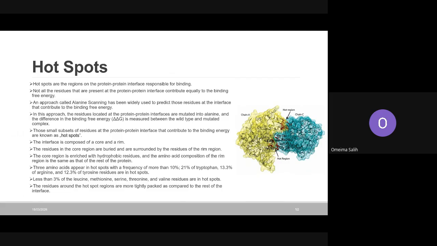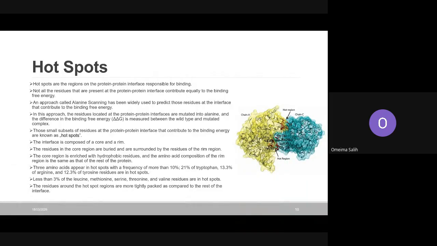The difference between the wild type and the mutated one with alanine introduced shows which amino acids are responsible for the binding or for producing the interface between the two polypeptides.